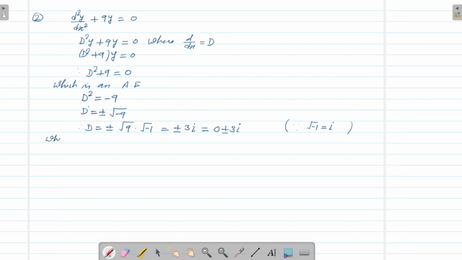There are two roots, which are complex roots and non-repeated.